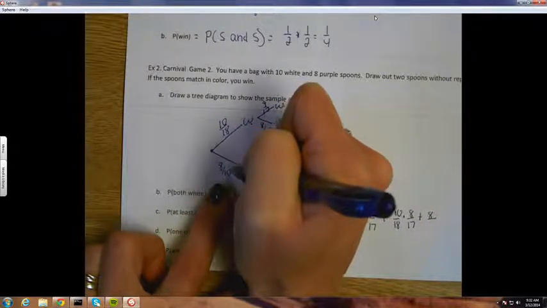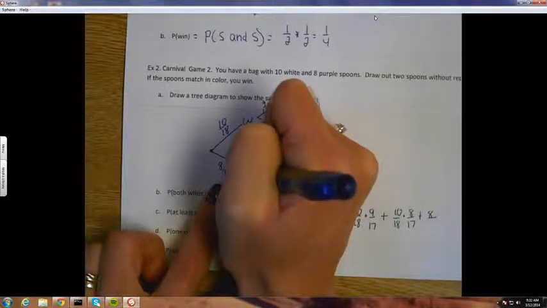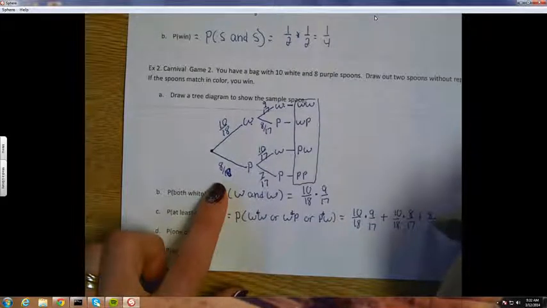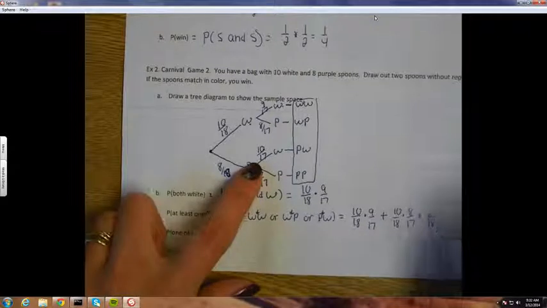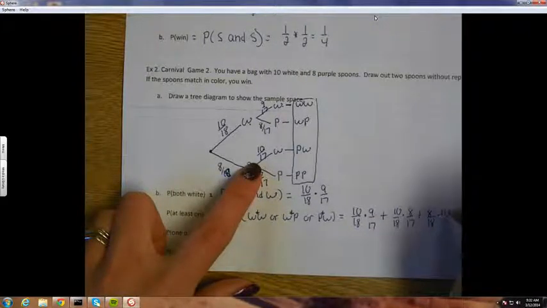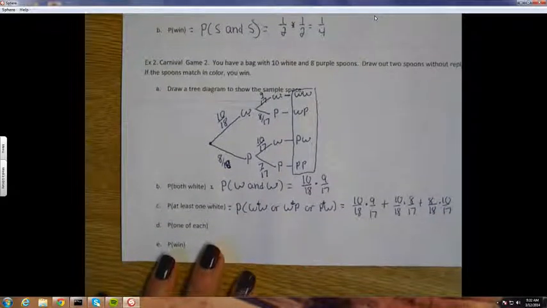How many wrote down 10? Oh, see, they don't look at me. They know what they're doing. 18. Where am I at? Purple, white. 10/17. Okay, very good. And then, again, calculator work from there. We won't take the time.